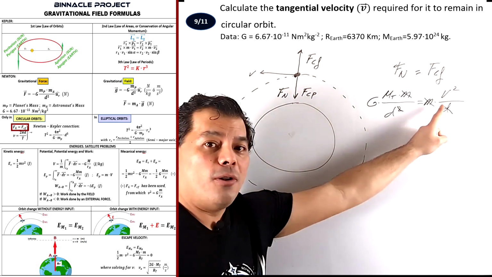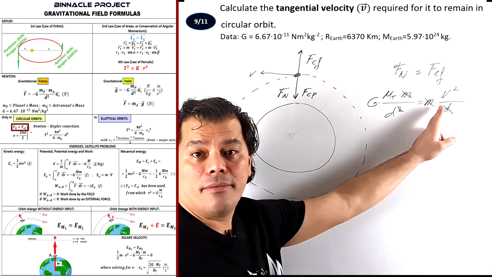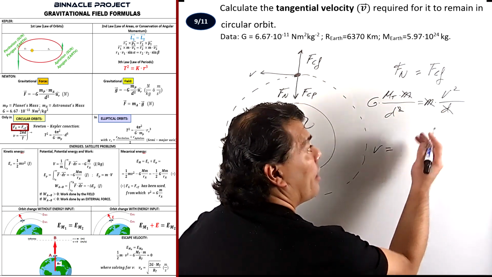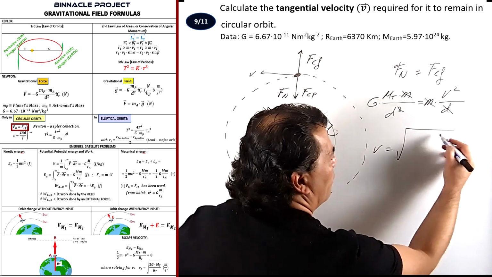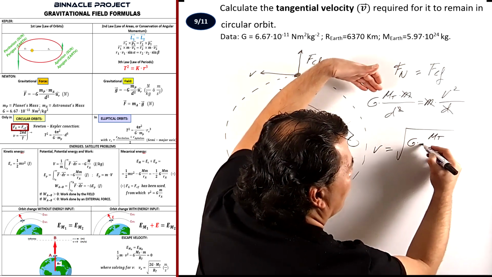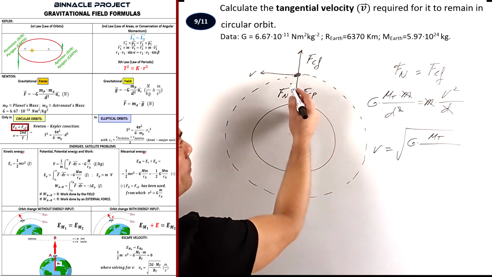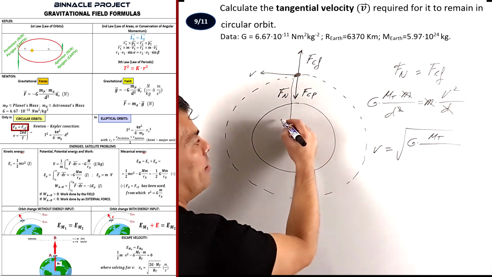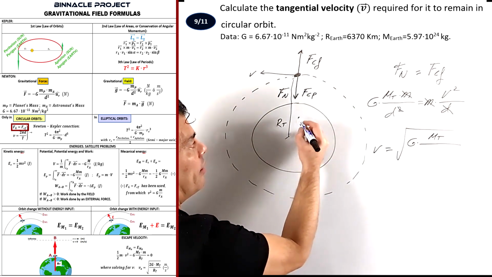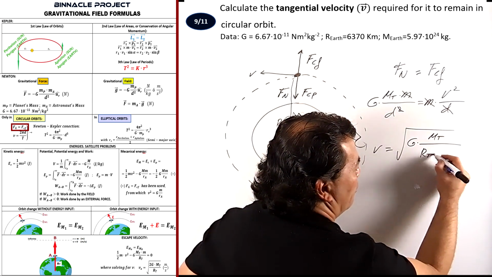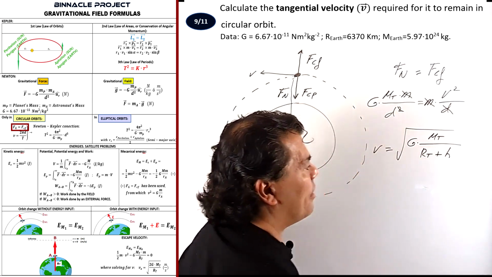And now we can solve for the speed. The velocity of our satellite must be then equal to the square root of G multiplying the mass of our planet divided by the distance. This is the distance we are introducing in this formula, that is the radius of our planet plus the altitude, okay? Radius of the planet plus the altitude.